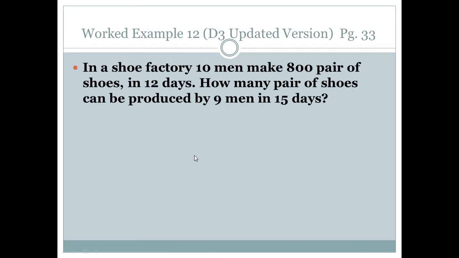Then how many pairs of shoes can be produced by 9 men in 15 days? What does it mean? In a shoe factory there are 10 men who can make 800 pairs of shoes in 12 days, and we are asked to find how many pairs of shoes can be produced by 9 men in 15 days.